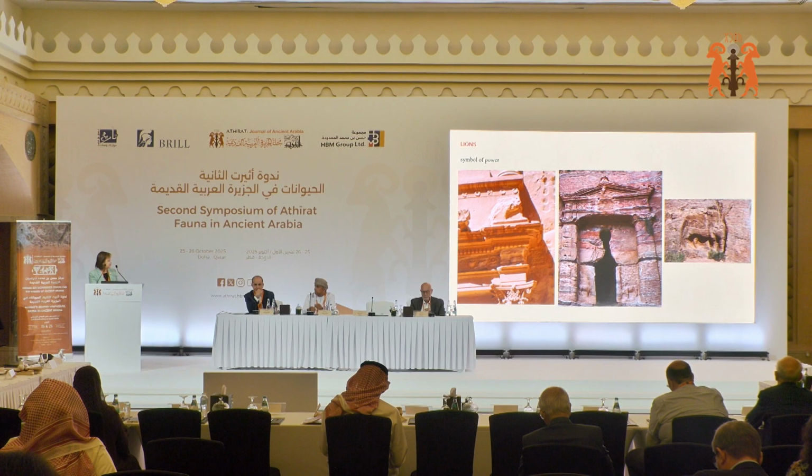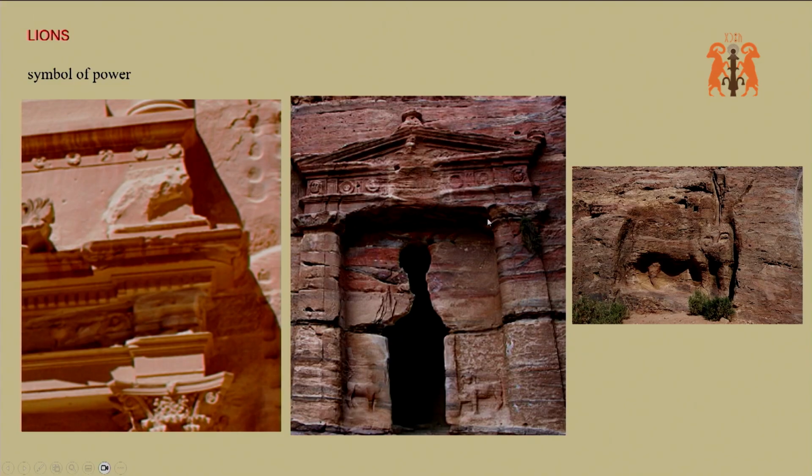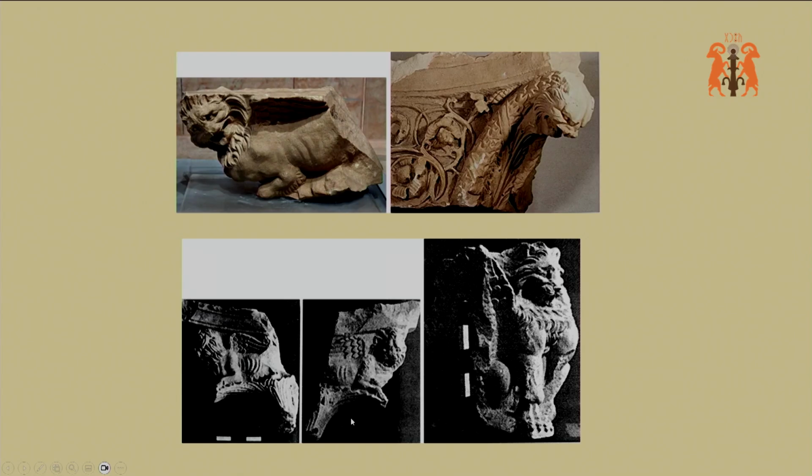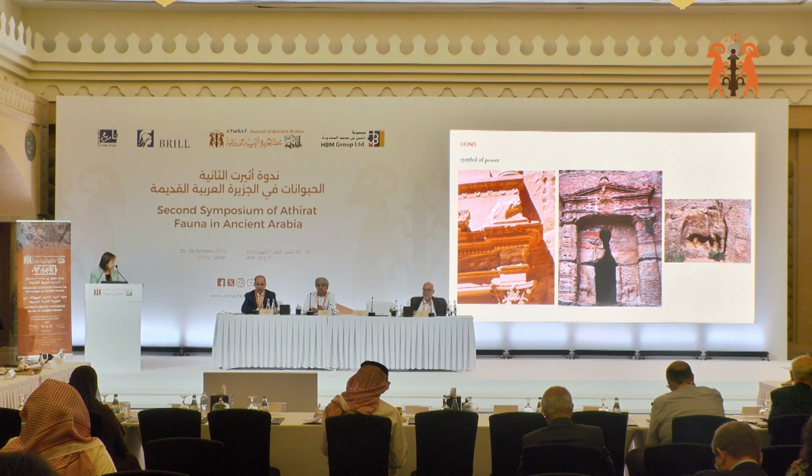On top of the first stage of al-Khazneh, or the Treasury, we see lions on the top here, and we see also one of the facades of the triclinium in Petra, called the lion triclinium. So we see here two lions at the bottom of this facade.